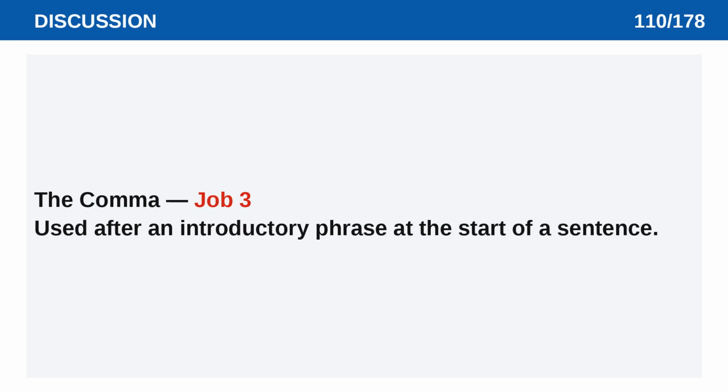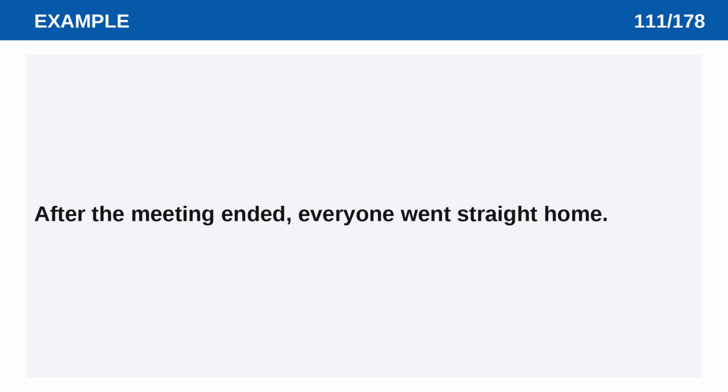Comma job number 3. We use a comma after an introductory phrase, a short group of words at the beginning of a sentence that comes before the main idea. After the meeting ended, everyone went straight home. Notice after the meeting ended is the introductory phrase, and the comma comes right after it.